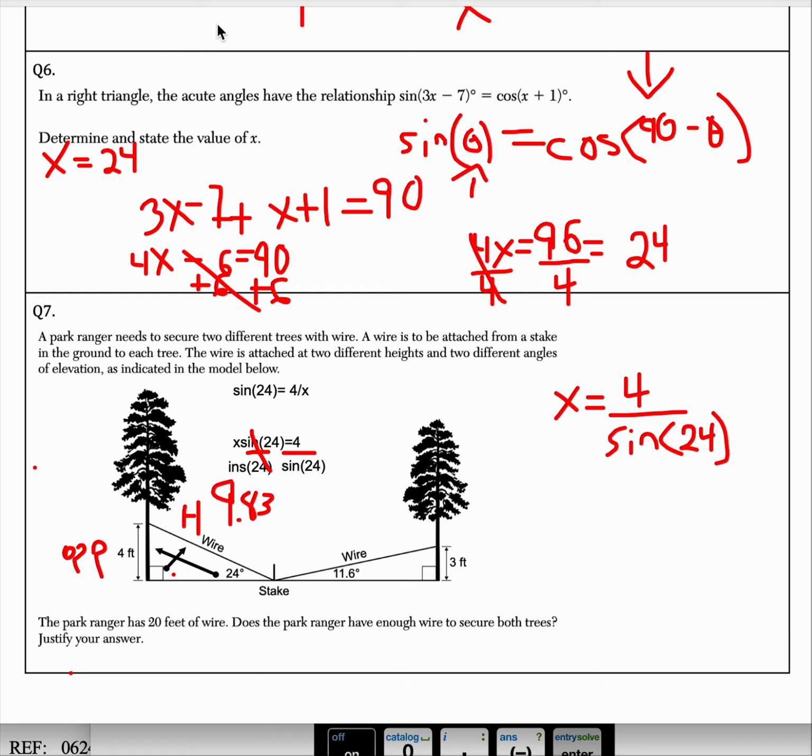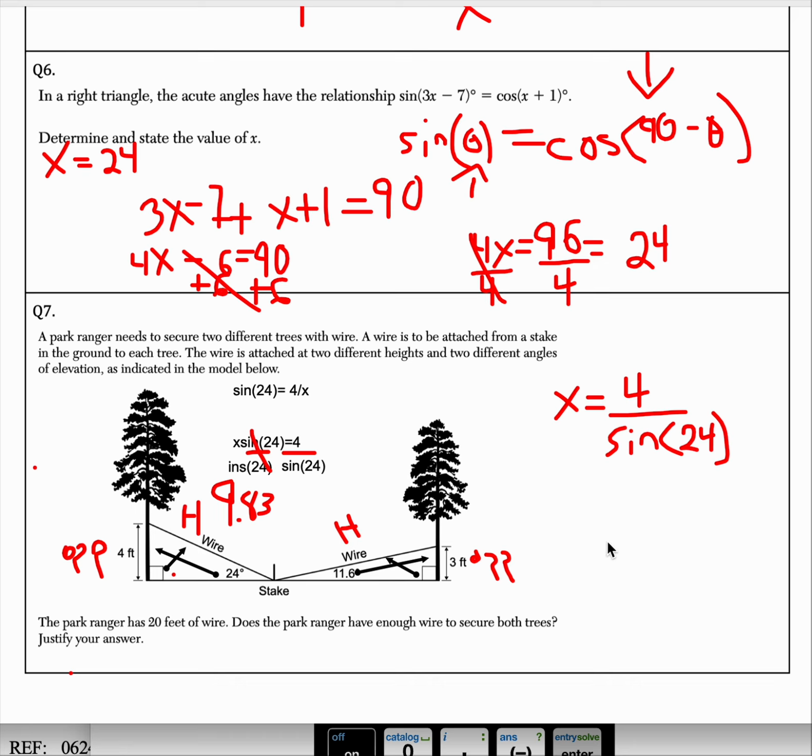And so let's do the next side. And we have this 90-degree angle, right? So that's the hypotenuse. And we're using this angle of elevation, so this is the opposite side. So opposite and hypotenuse.